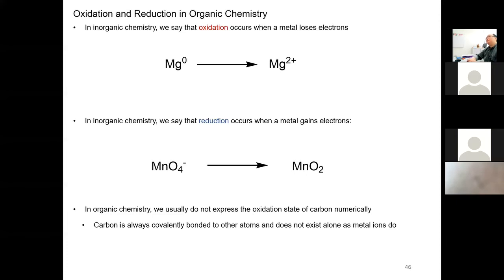We don't say that a lot because it is usually quite hard to differentiate between the oxidation states of carbon, because carbon is usually connected to other atoms through a covalent bond, and it doesn't really exist as metal ions do. So there is no carbon 2+ like cation. We also barely say, oh, this carbon is -2.